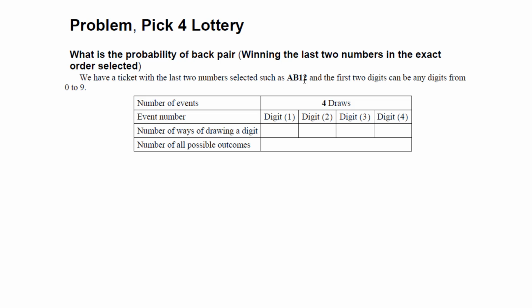So the last 2 digits are fixed, so they can be chosen only in one way, and the first 2 digits, they can be chosen 10 ways each. So in such case, we multiply all of them and we get 100 ways, so we have 100 winning tickets for the case of back pair play. And the probability is 100 divided by 10,000, which is 1 divided by 100. So our odds are 1 out of 100 trials.